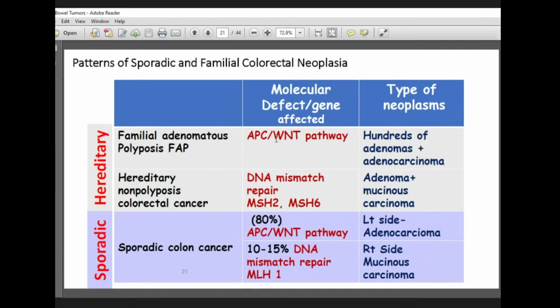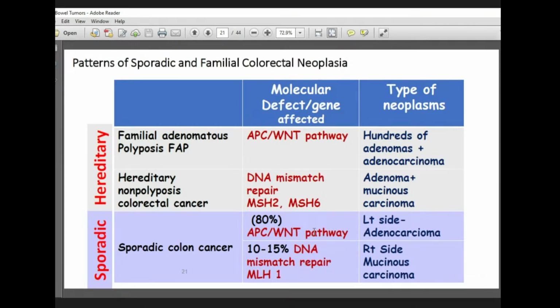Familial adenomatous polyposis is more common than HNPCC. Here also it is 80 to 85%, here 10%, and here 80%, 10 to 15% for DNA mismatch repair. But in hereditary non-polyposis colon cancer it is MSH2, MSH6, while in sporadic colon cancer involving the DNA mismatch repair gene, it is MLH1.